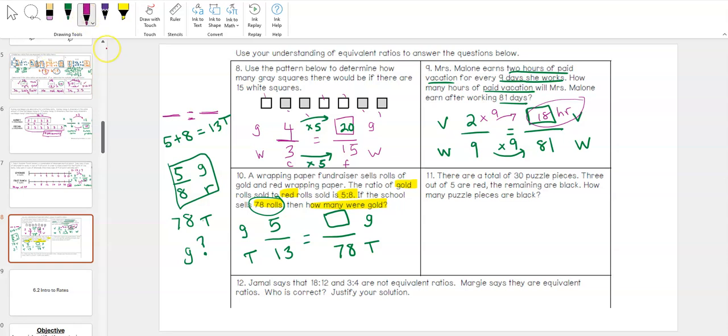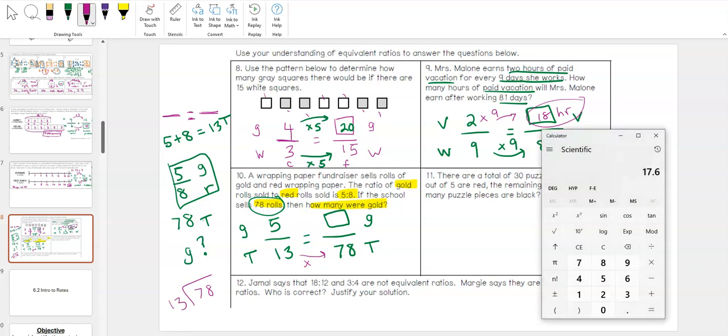So we're going to figure out 13 times what makes 78. So I'm actually going to do some long division and do 78 divided by 13. And it turns out to be 13 times 5? No. 13 times 6? Yes. 6.